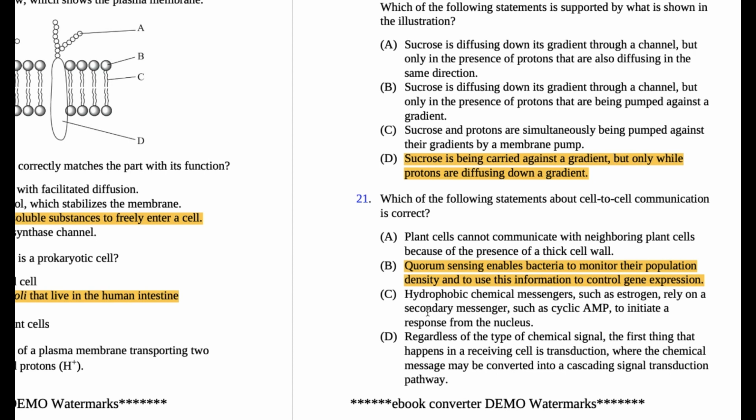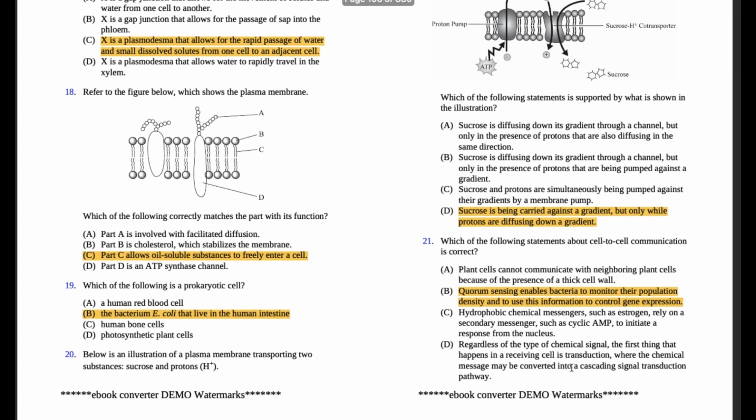Regardless, here you need to at least remember that estrogen can actually dissolve through the plasma membrane. Regardless of the type of chemical signals, the first thing that happens in the receiving cell is transduction, where the chemical message may be converted into a cascading signal in the transduction pathway. It's not true because the first step is the binding of the ligand with the receptor, right?